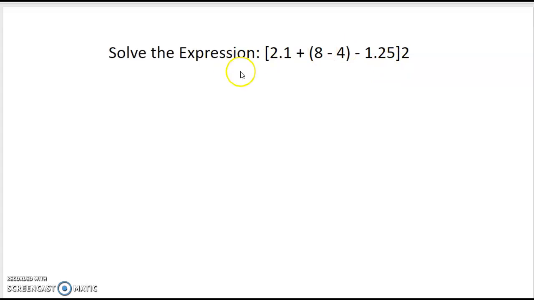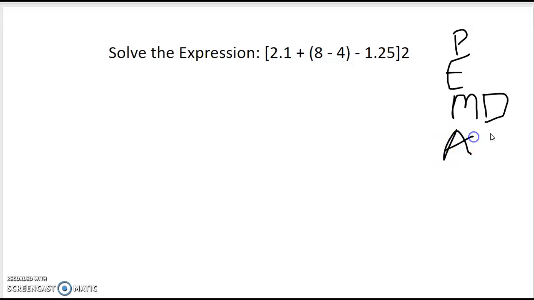So because we are solving expressions, we need to follow the order of operations, and we know that is parentheses, exponents, multiplication and division in the same step, and then addition and subtraction. And we know that multiplication and division are done left to right, and so is addition and subtraction.